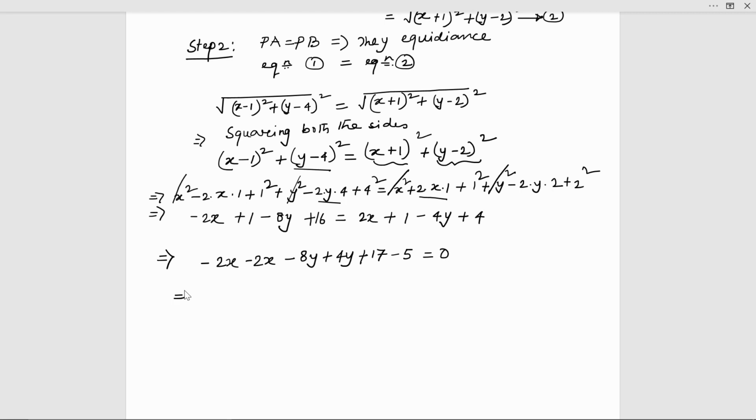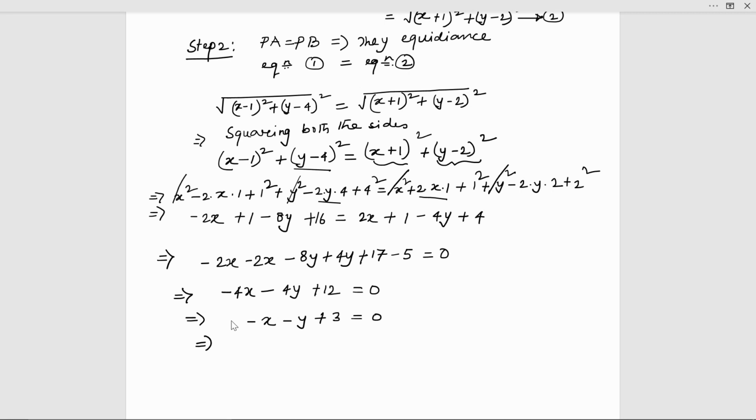So we have the equation as minus 4x minus 4y plus 12 equal to 0. Now we are taking 4 common, so we have minus x minus y, 4 times 3 is 12, equal to 0.